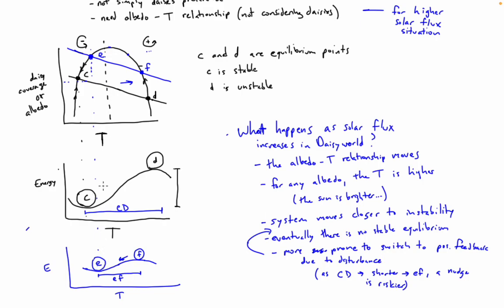In this case, going from C to D is a lot further than going from E to F. So if you manage to increase the temperature so much that you found yourself here, on this side of the unstable equilibrium, you're going to lose all your daisies and your planet's going to burn up. Because a little bit hotter, less daisies, less albedo, hotter, less daisies, you're in this positive feedback loop.